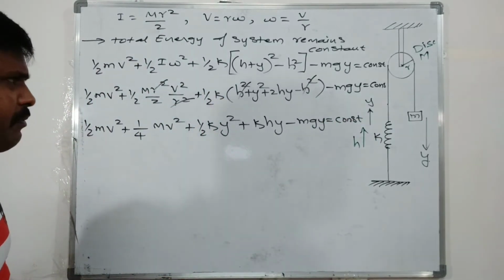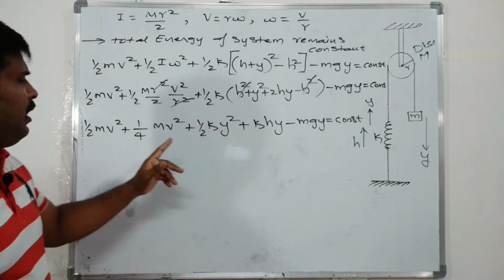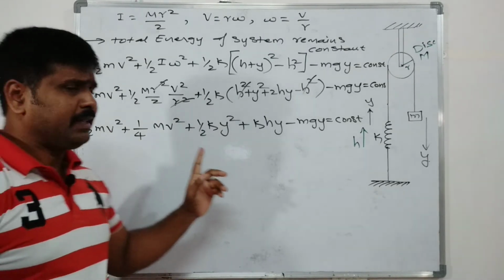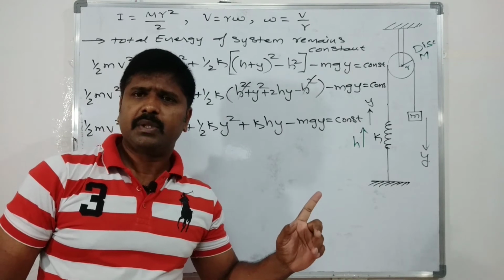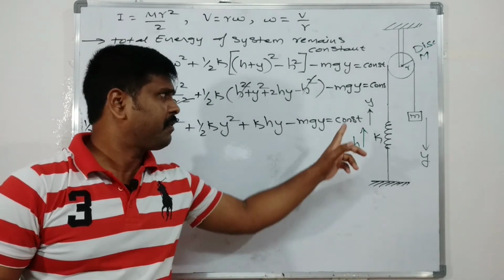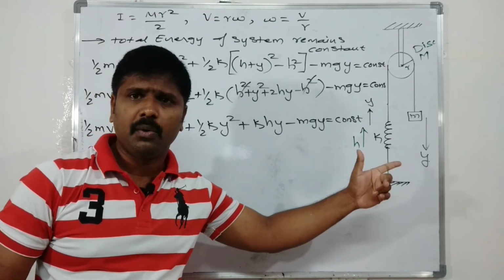See now, here we have to differentiate this equation with respect to time. The differentiation of a constant is 0.